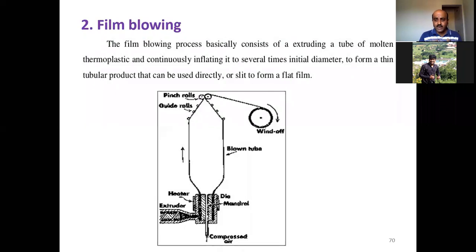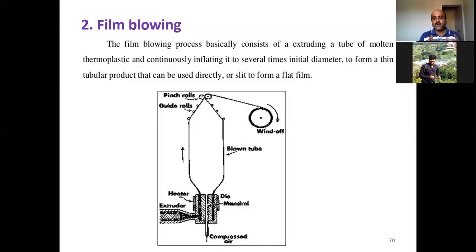But in film blowing, what happens is the next step. After extruding a tube of molten thermoplastic, you are inflating it, you are blowing air so that its diameter is several times its initial diameter. Okay, and the purpose of inflating here is to form a thin tubular product.